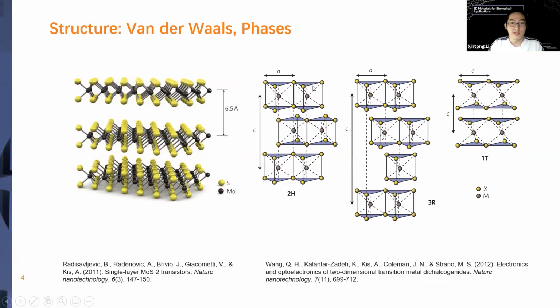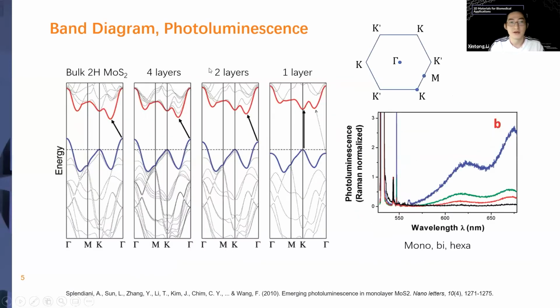Starting from the lattice structure, we can calculate the band diagram of TMD. For example, this chart shows the evolution of the band diagram of a 2H MoS2, which is probably the most famous group 6 TMD among all the TMDs.